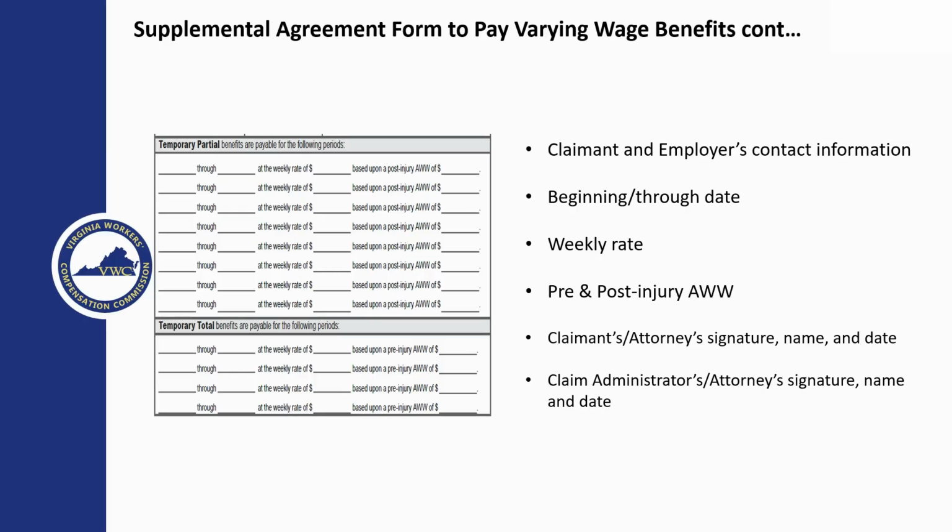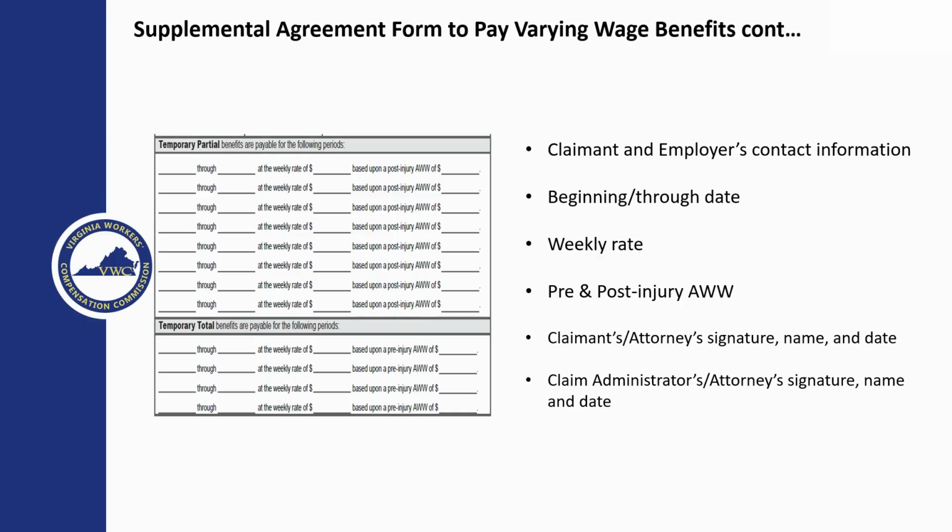If the parties are agreeing to temporary partial disability benefits, the weekly compensation rate and the post-injury average weekly wage are required. It is important to note the post-injury average weekly wage is a 7-day average of the claimant's post-injury earnings. If the claimant worked less than 7 days, it will be necessary to average those earnings over a 7-day work week to properly calculate the temporary partial disability rate.